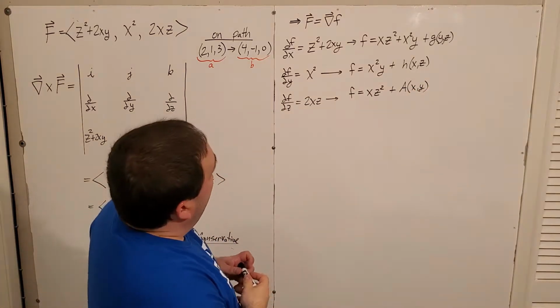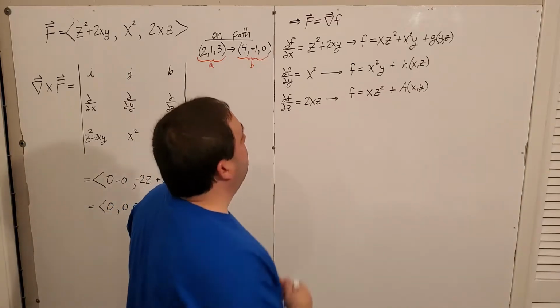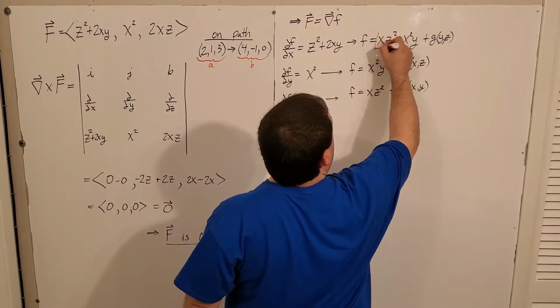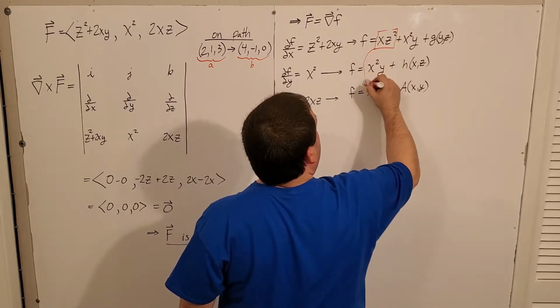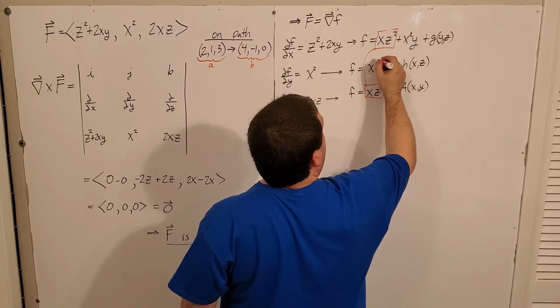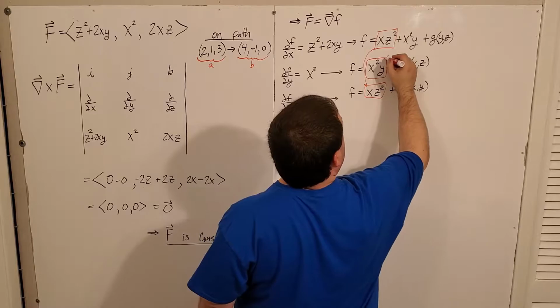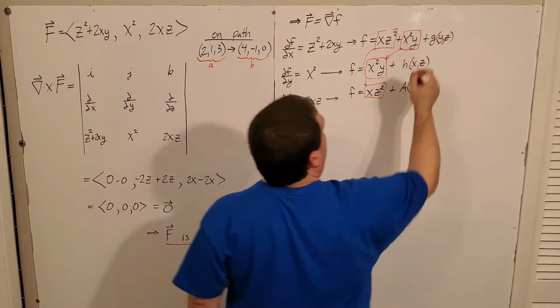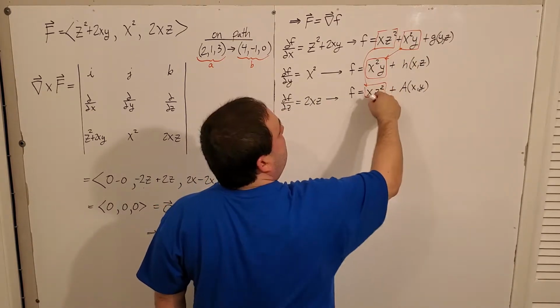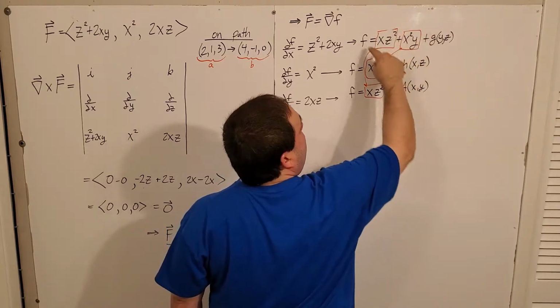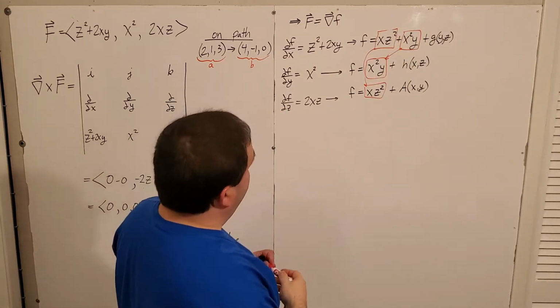Okay, well, if I compare these, I'm noticing the way they line up, right? This is the same in both places, and this is the same in both places, right? So these two pieces don't actually have anything to contribute to this guy right here, okay?